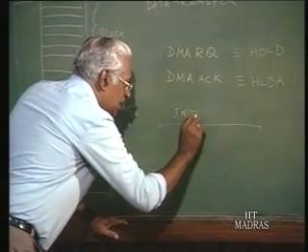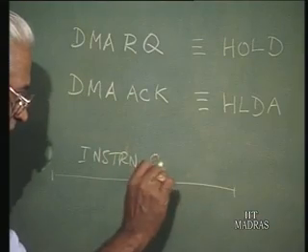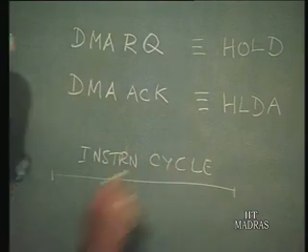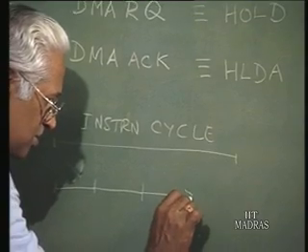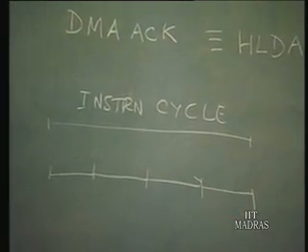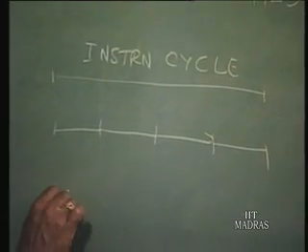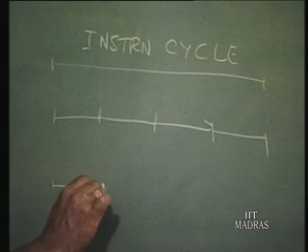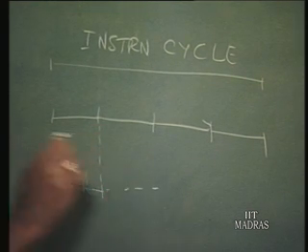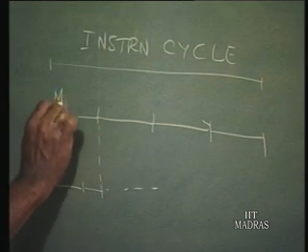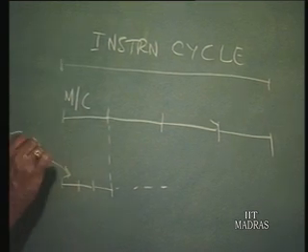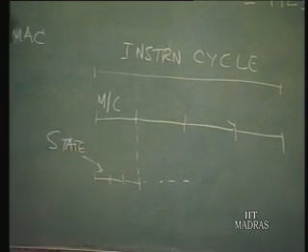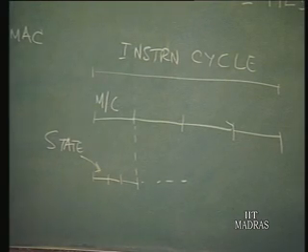We have an instruction cycle, and that consists of quite a few machine cycles, and that consists of a few states. Each one is a machine cycle, and here each one is a state. Remember, this is the very first thing we said.